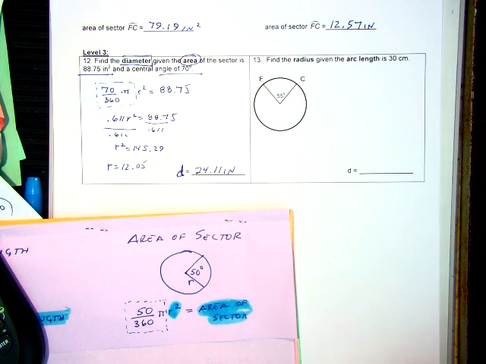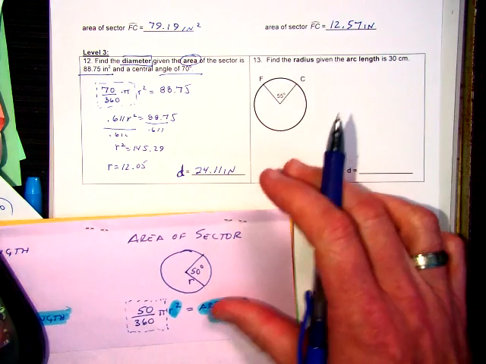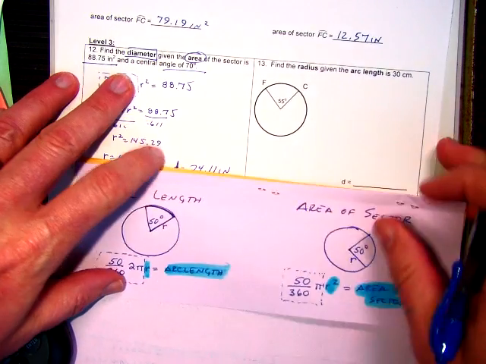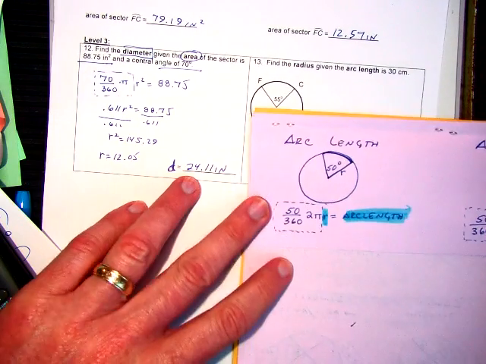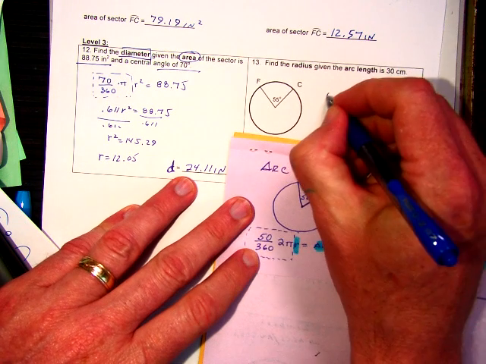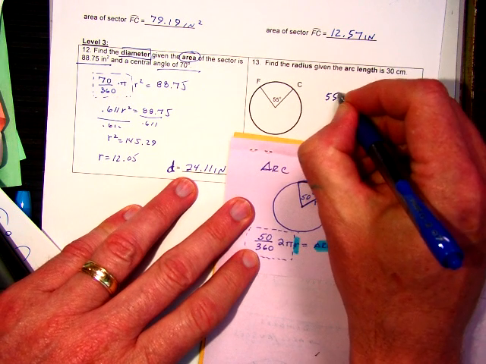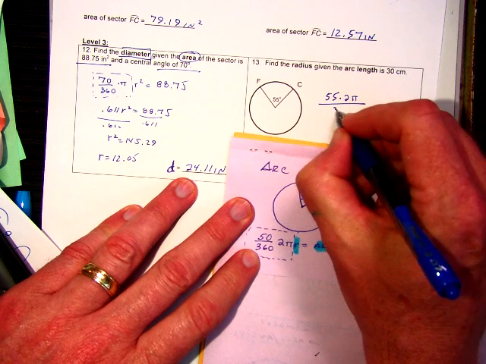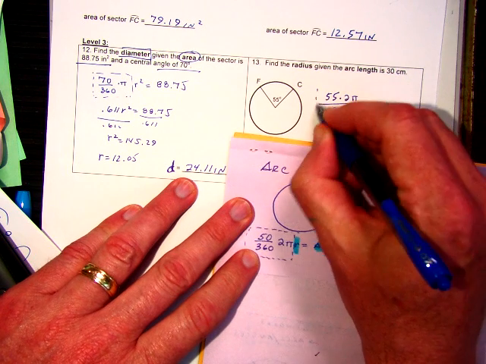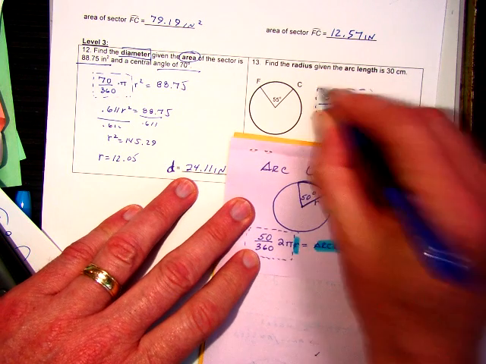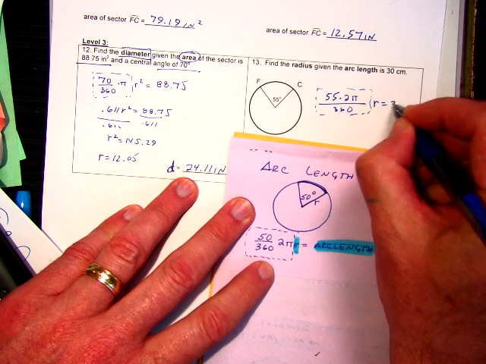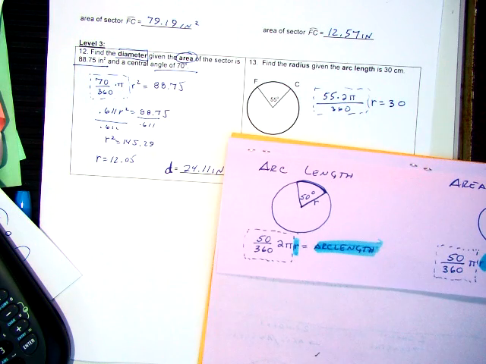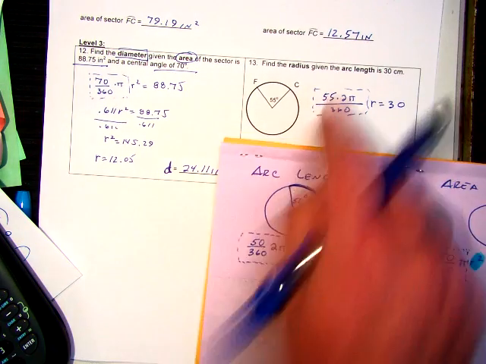Since this is arc length this time, I am going to use 2 pi r, so it's going to be 55 times 2 times pi all over 360, times r, is equal to 30. All right, I'm going to compute this.